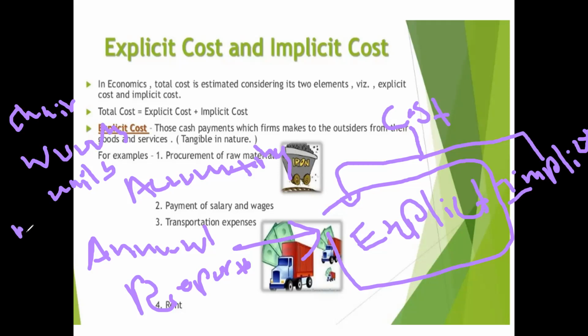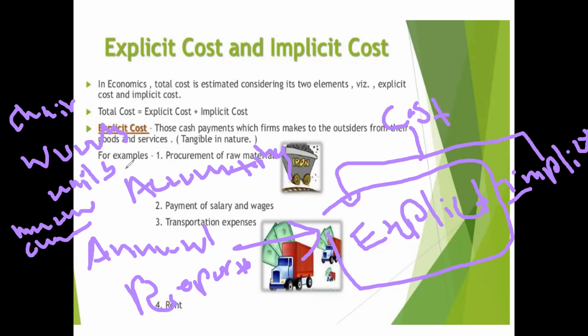Then you have to purchase some machineries. You have to purchase some cushions. So likewise, whatever things you purchase out of your pocket, those things we can identify as explicit cost.